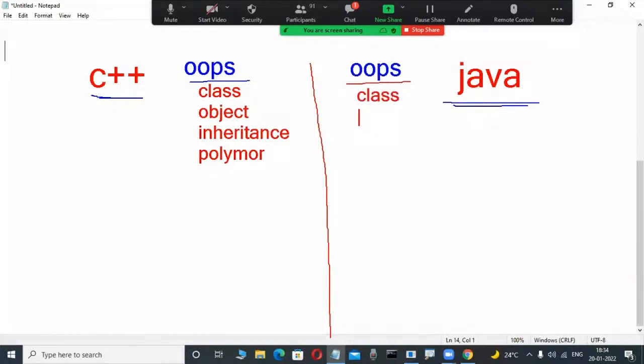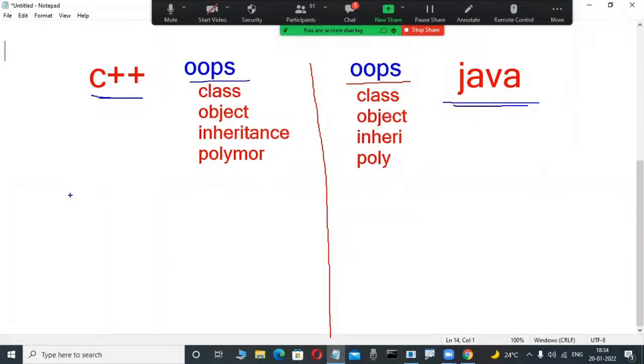What is object? Are these concepts there or not? Yes, here. What is inheritance? Yes, here. What is polymorphism? So many concepts are there. That's why conceptually class, object, inheritance, polymorphism are the same in C++ and Java. Encapsulation, binding, something like that. But observe here.